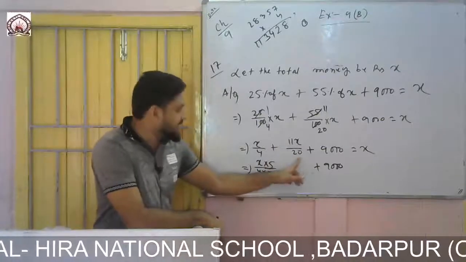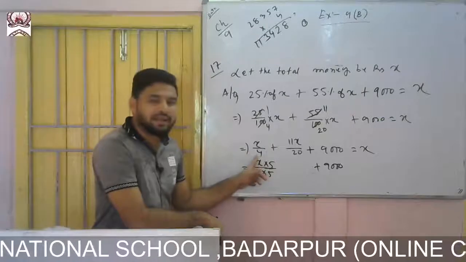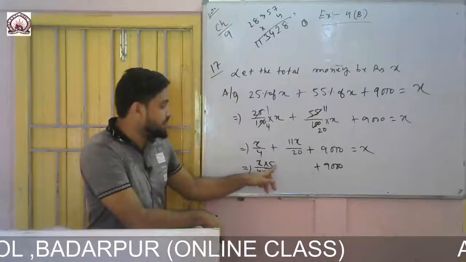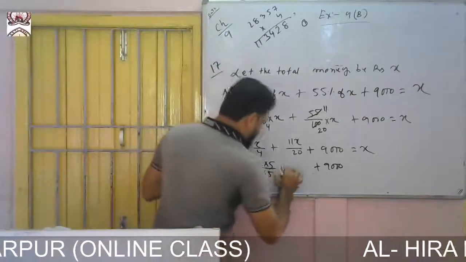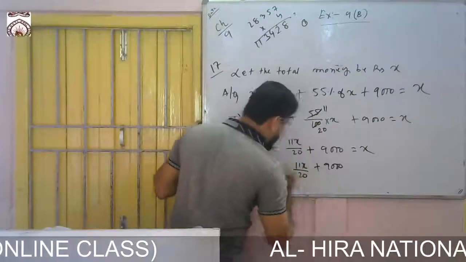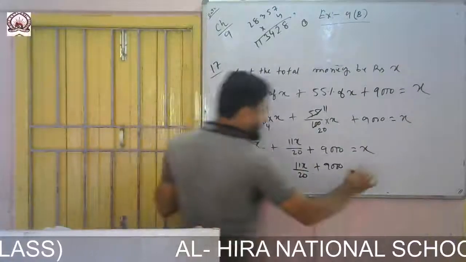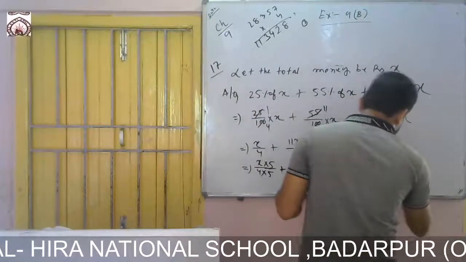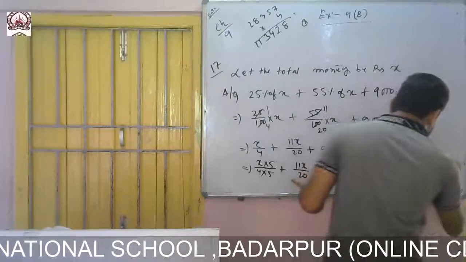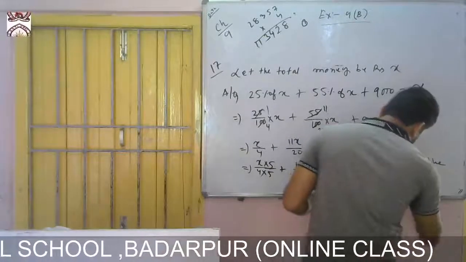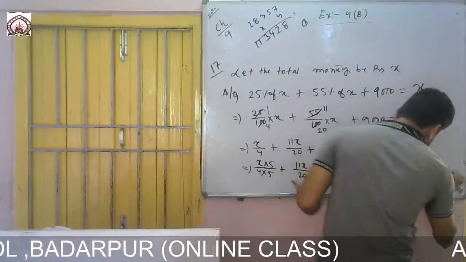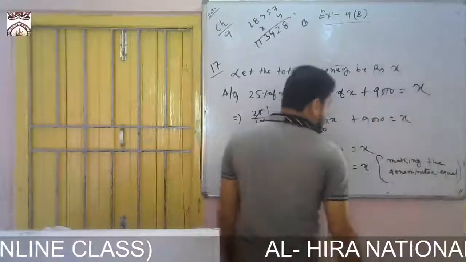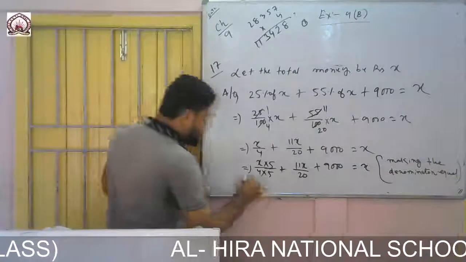Here 20 is the denominator, and here 4 is there, so I am making it 20. 4 5s are 20, so if I multiply here by 5, then I need to multiply here also by 5. Plus 11x by 20. Now it will be easy to take the LCM. So here you can write: making the denominator equal.